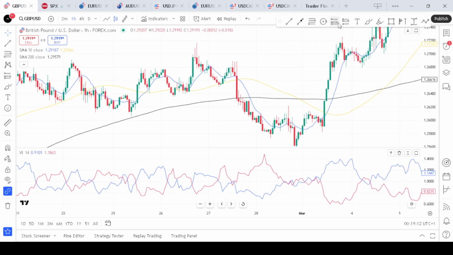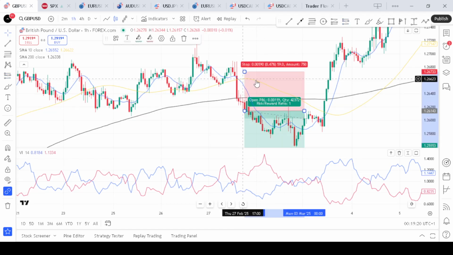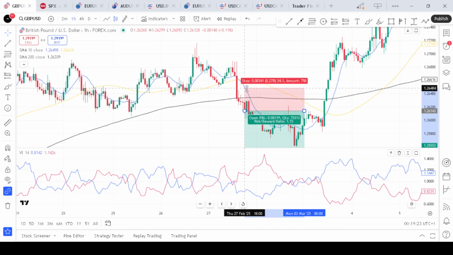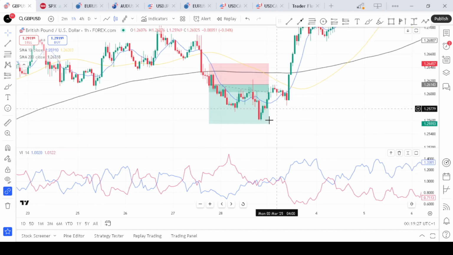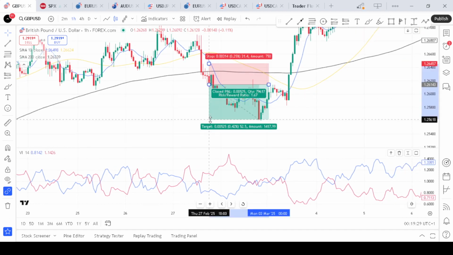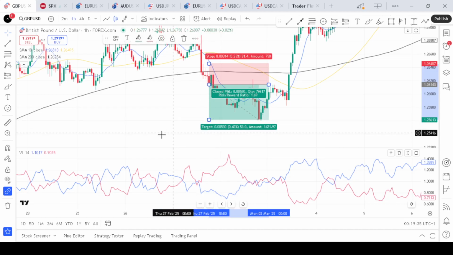We would enter our short trade when price trades below all the moving averages at this area where we saw the crossover. This would be a good place to enter our short position. We place our stop loss just above our 200 moving average, and we place our take profit at a 1:1 risk to reward ratio.